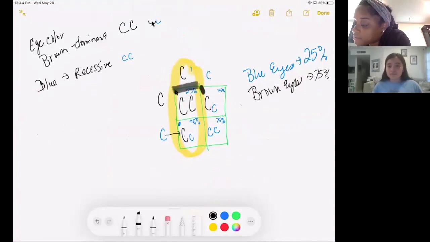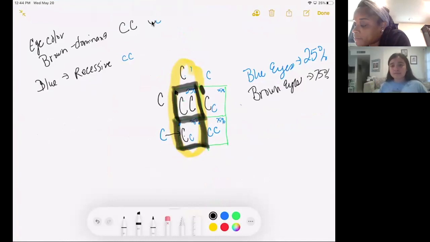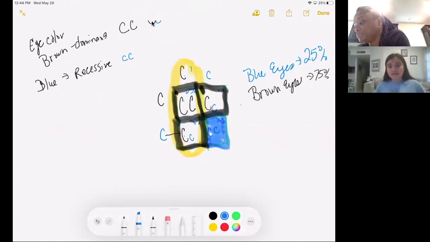So this box right here is capital C. They'll have brown eyes. This box will have brown eyes, and this box will have brown eyes. This will be the only box that'll have blue eyes. So my probability, everything remember is out of 100. So my probability for blue eyes is 25%. My probability for brown eyes is 75%.